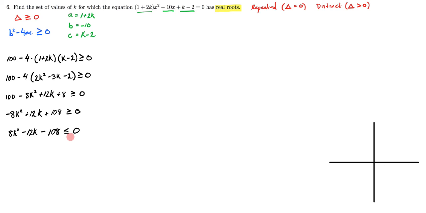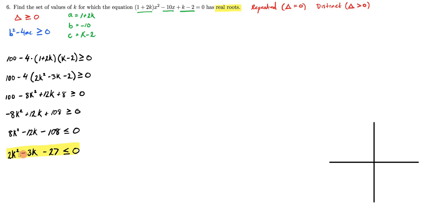I also noticed that I could divide everything here by 4. If I divide this by 4, I'm going to get 2k squared minus 3k minus 27 is less than or equal to 0. Okay, let me just highlight this because this is important.